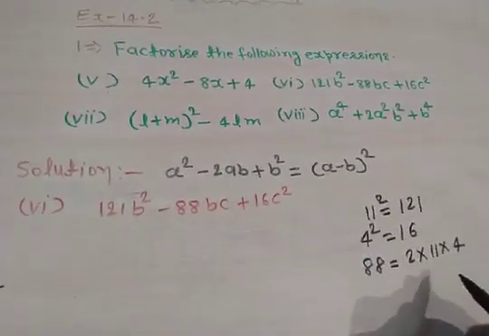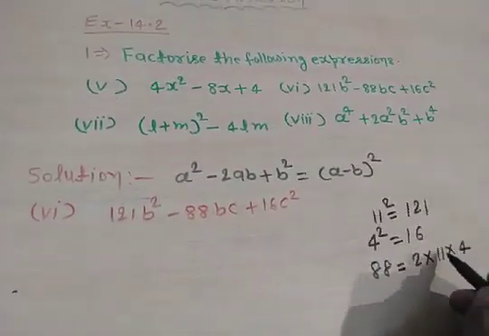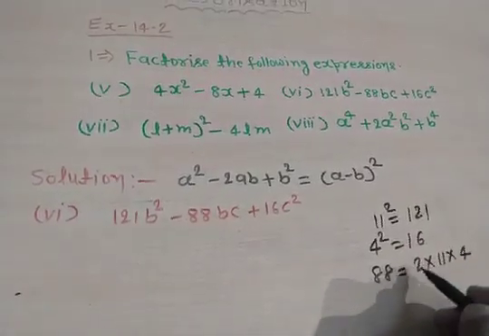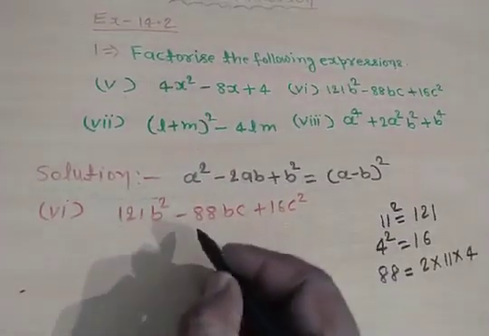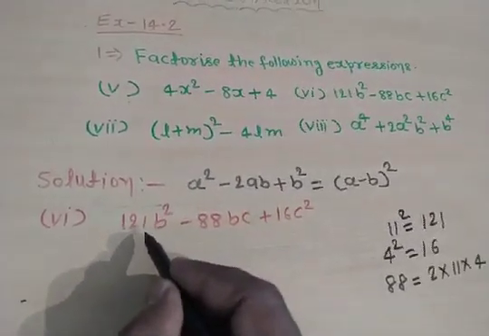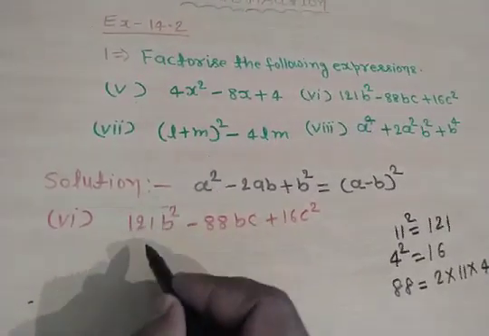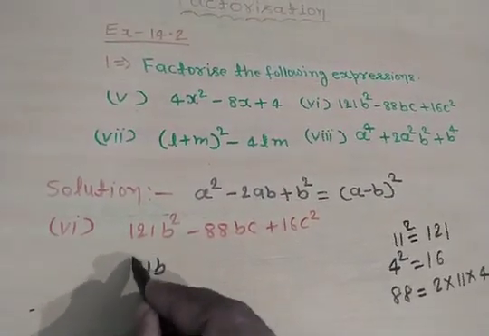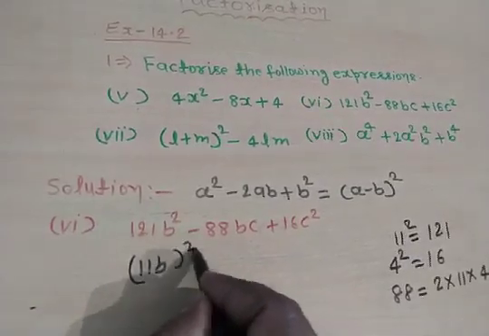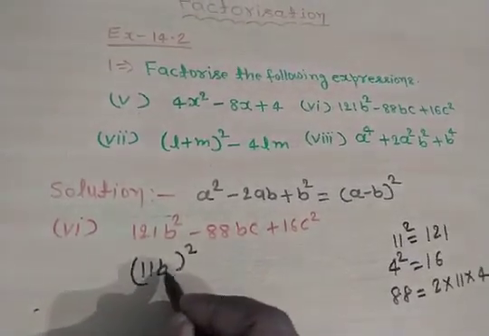Clear? You can see it, 11 times 4 is 44, 44 times 2 is 88. Clear? So first we convert like a square, so we can write it square of 11. So this is whole square of 11b.